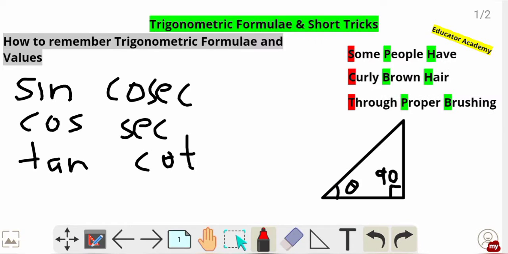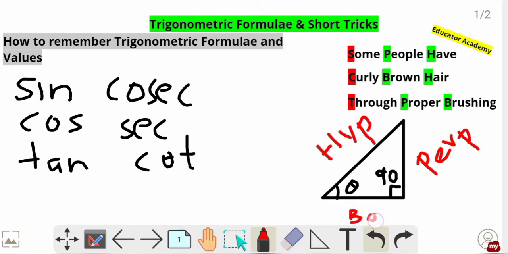Always remember one thing: the side opposite to the 90-degree angle is always the hypotenuse, while the side opposite to theta is always the perpendicular, while the remaining side is always the base. This is a trick that we use in trigonometry to recognize where is the hypotenuse and where is the perpendicular.